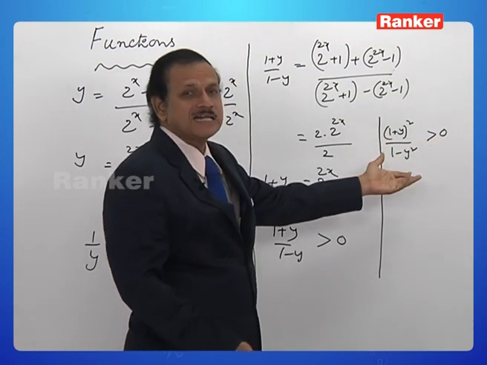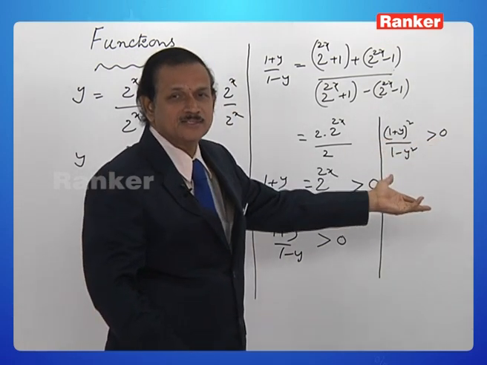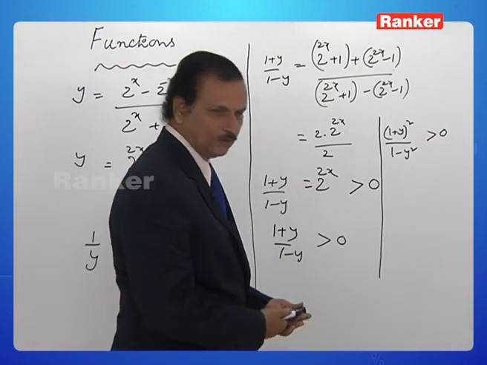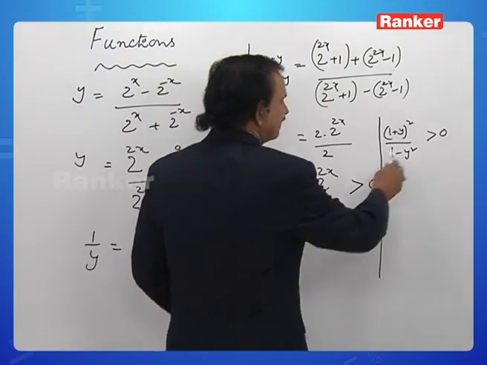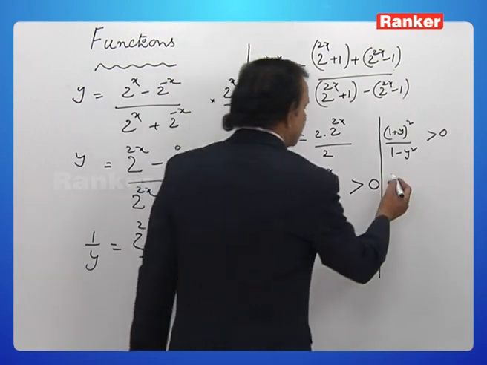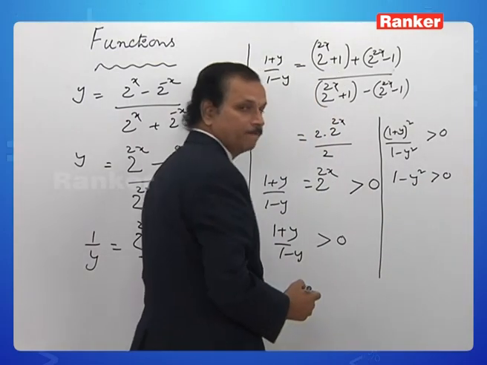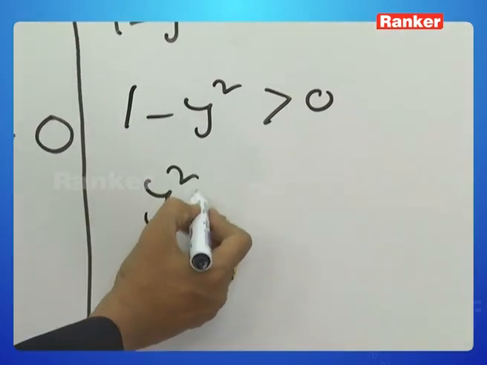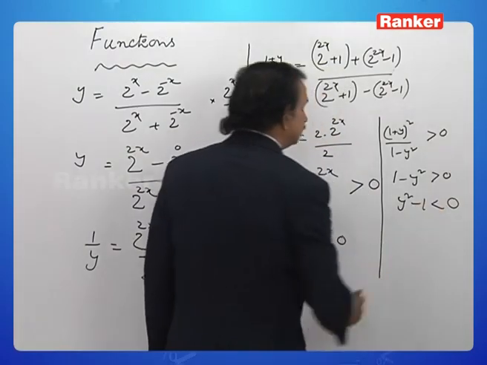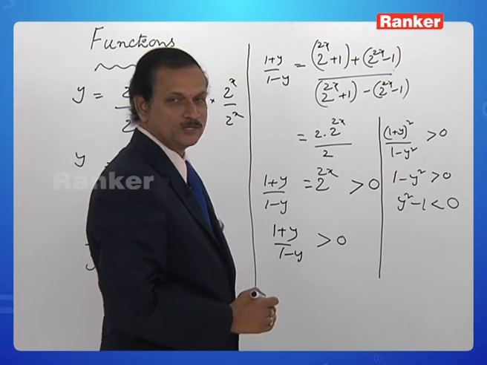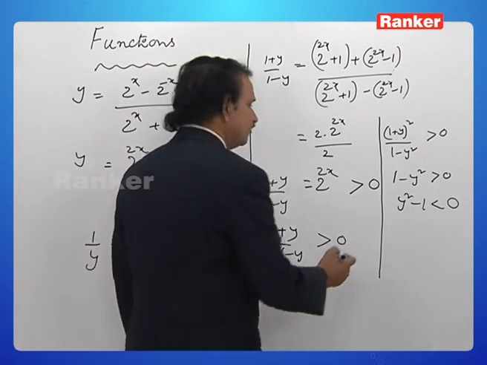Numerator, by birth it is positive because it is a perfect square. So in order to have this entire fraction positive, what must we have? 1 minus y square is greater than 0. It does mean that y square minus 1 less than 0. That is y plus 1 into y minus 1 less than 0.